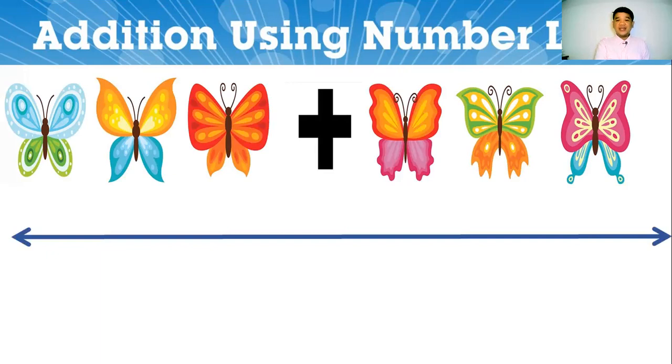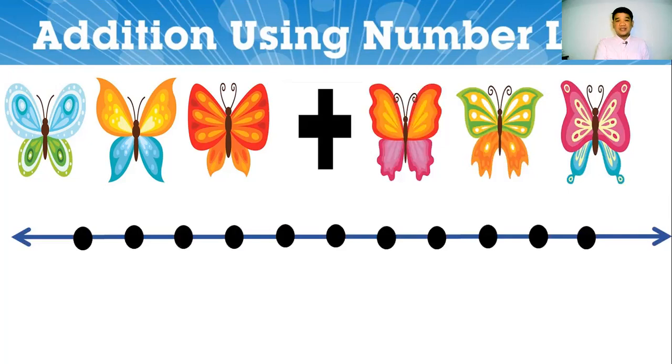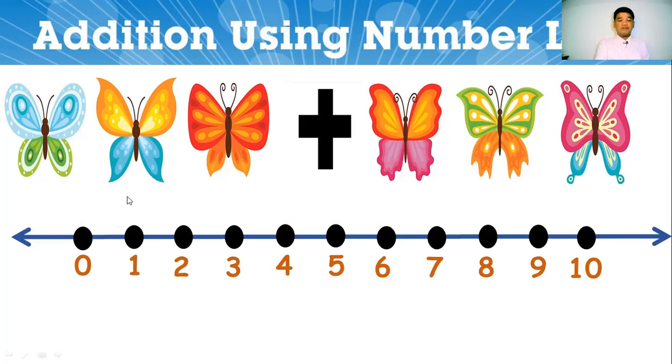We have the number line, and the dots represent the numbers 0, 1, 2, 3, 4, 5, 6, 7, 8, 9, and 10. Now, in the first object, we have 3 butterflies, so that is 0, 1, 2, and 3.